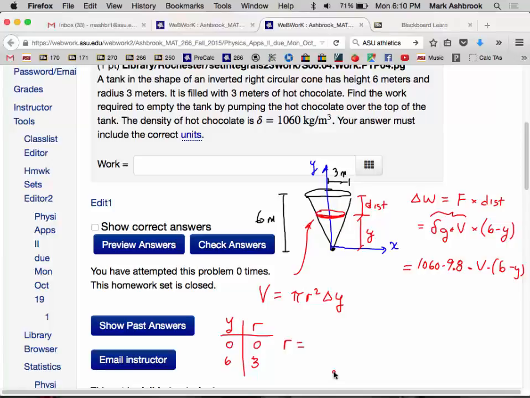On these easy ones, hopefully you don't have to set up the whole point-slope form; you can just see that r is always 1/2 of y. So the volume is pi times (1/2 y) squared, delta y, and that's the volume of the typical layer of chocolate milk.